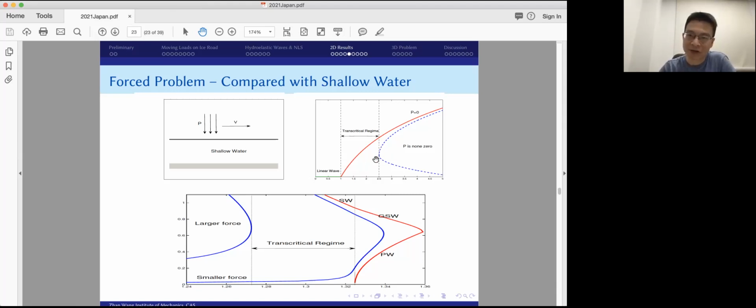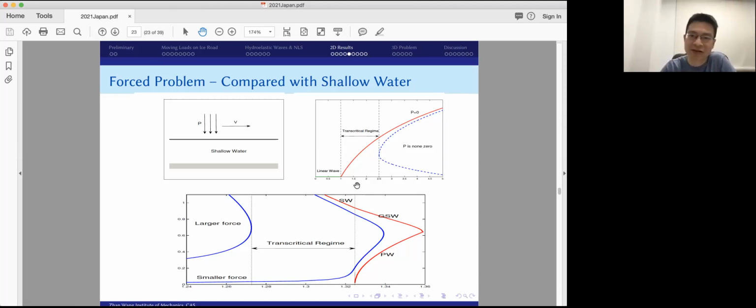There is a gap between the steady forced solutions and the bifurcation point, called the transcritical regime. In the transcritical regime, there are no steady solutions with forcing, and no steady linear wave solutions. The only solutions in the transcritical regime are free solitary waves.